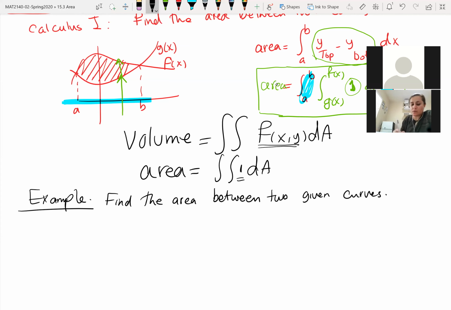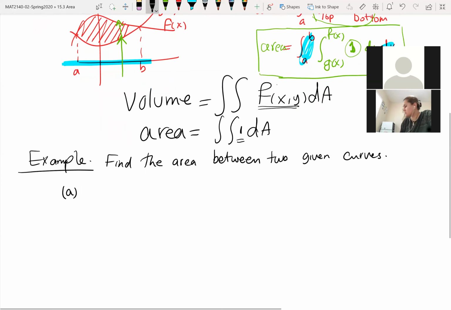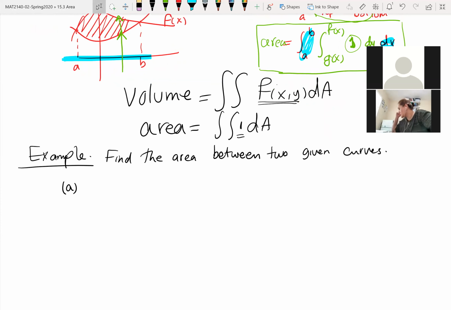I'll try some pieces because it's really the same wording, different limits. If I start from the easy one, I will have between x equals negative y squared, and the other one is y equals x plus 2. Okay, ready?